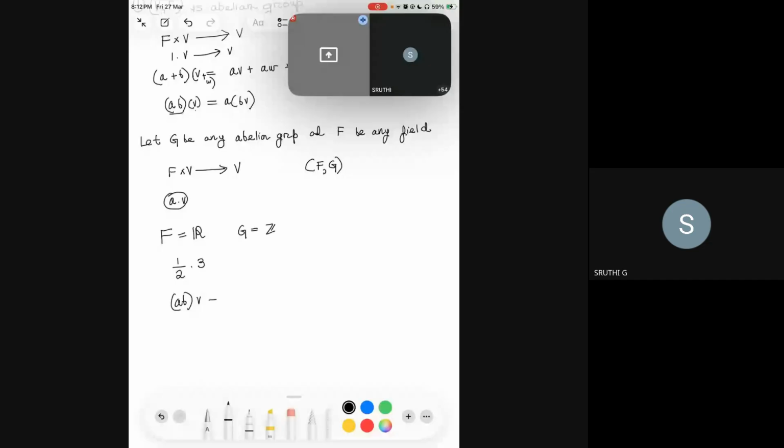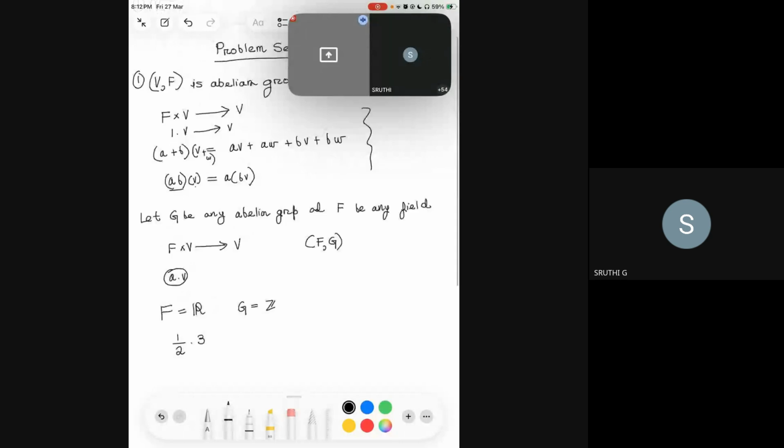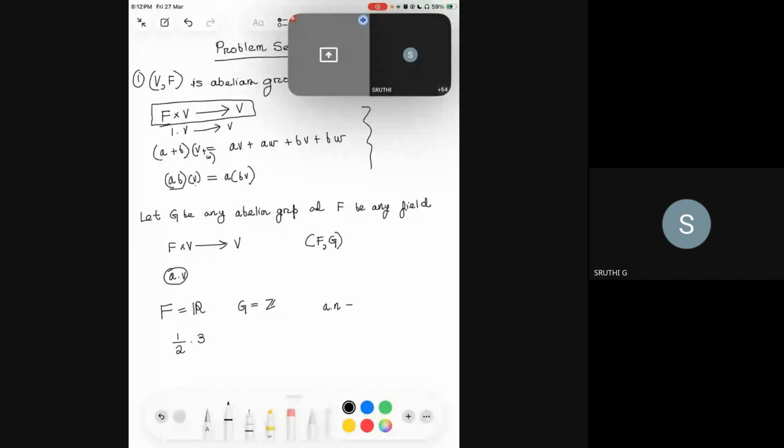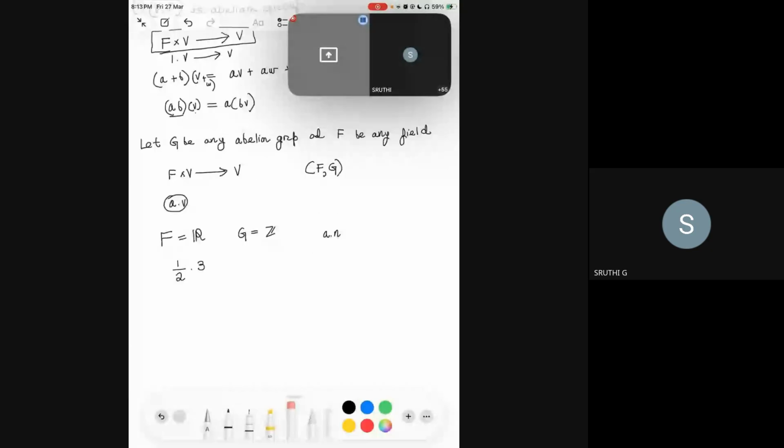First of all, you have to define a map first. What is your definition of this action? Given a real number a and an integer n, you have to say what a dot n is, and it must be an integer. You are trying to say it's not always possible, so you have to contradict any of these axioms.